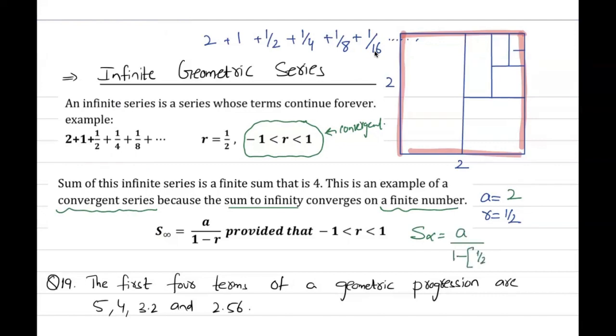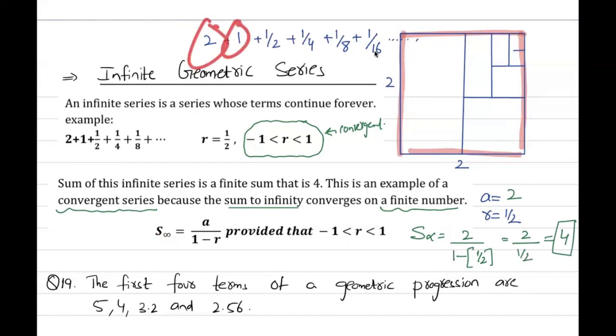The r value is 1/2, and the a value is 2. So what is 2 divided by half? That is going to be 4. So the sum to infinity is 4, and we can see that for this rectangle the sum to infinity is going to be 4.